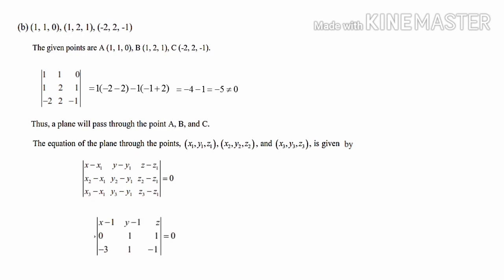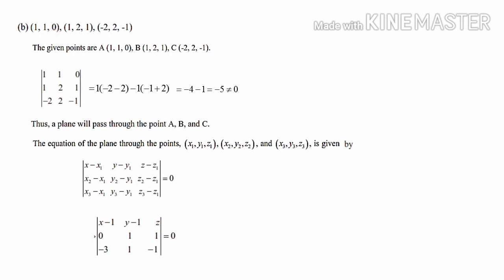Let's substitute it. The first point is x1, y1, z1, the second point x2, y2, z2, and the third x3, y3, z3. So x minus x1 is x minus 1, y minus y1 is y minus 1, z minus z1 is z minus 0, which is z.